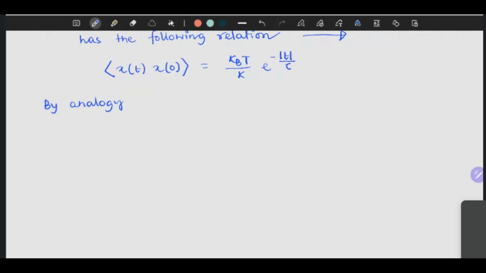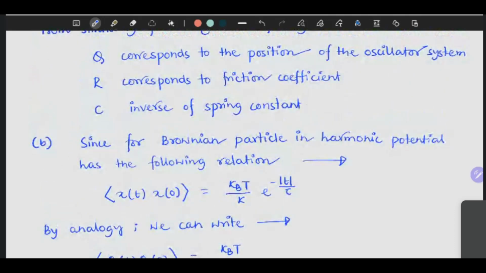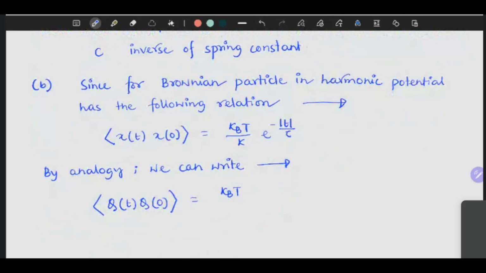By analogy we can write q(t) times q(0). Now the spring constant is inverse of C, so this will be C kBT, and it becomes C kBT e to the power minus mod of t by tau.